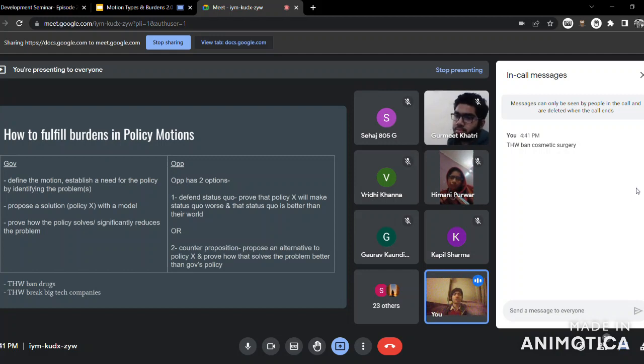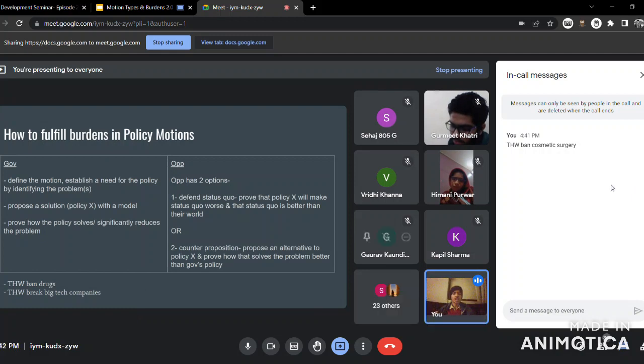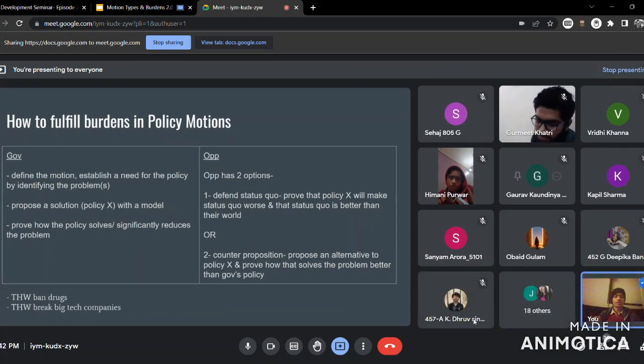So a Gov can say that we will ban cosmetic surgery for almost everyone, except this group of people who suffer from burns and are victims of burns; we will allow them to have cosmetic surgery even in our world. That is a minority of cases of cosmetic surgery, right? Everyone doesn't have cosmetic surgery for burns. Most people have cosmetic surgery to change their features of the face or any other part of their body and things like that. That's the average case, right?